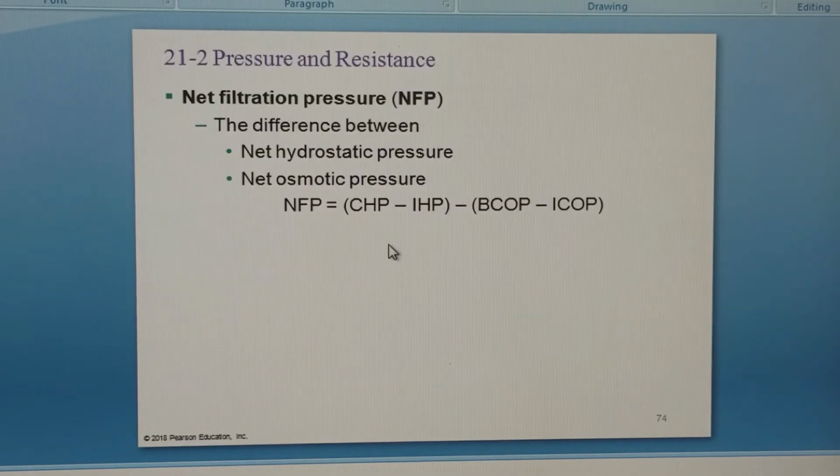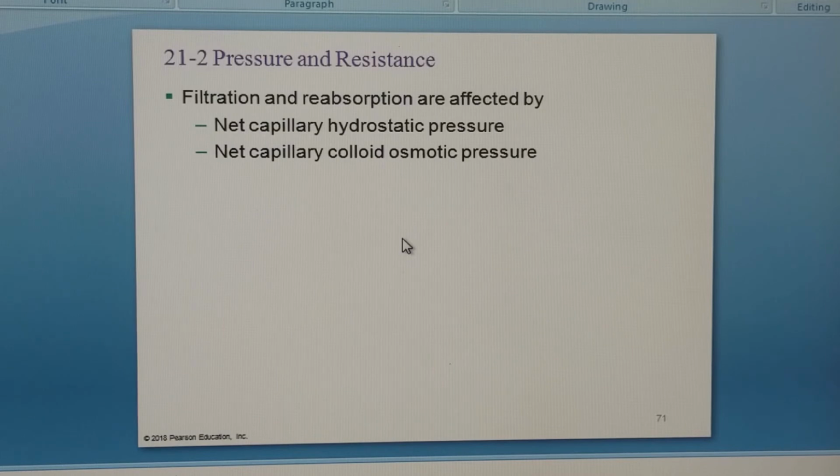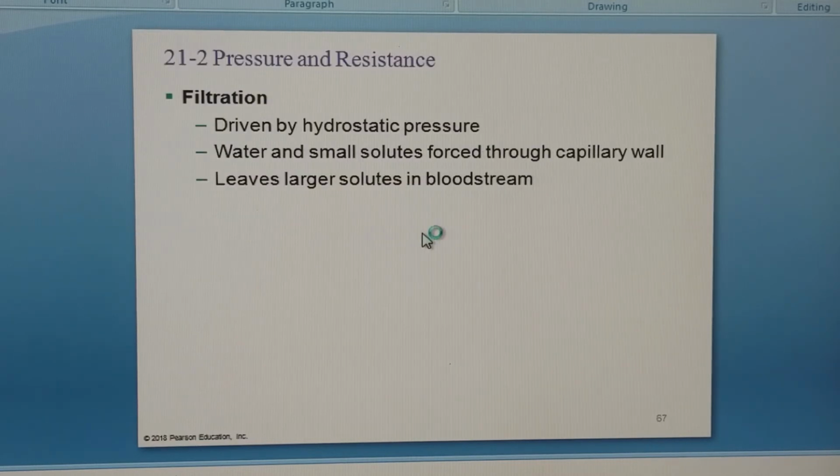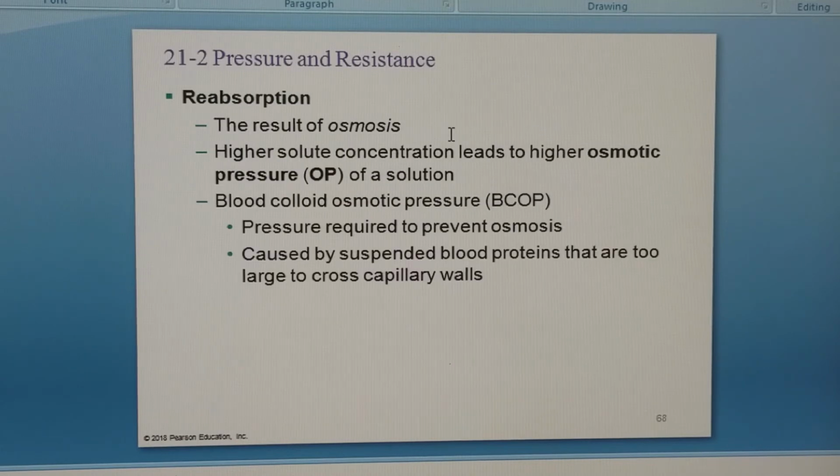Now let's go back here. So hopefully you have a little understanding of what it is we're talking about. All right, filtration is driven by hydrostatic pressure. Water and small solutes are forced through the capillary wall, leaving larger solutes in the bloodstream. Reabsorption is the result of osmosis.